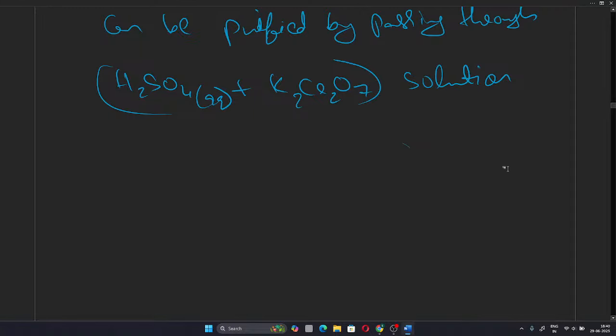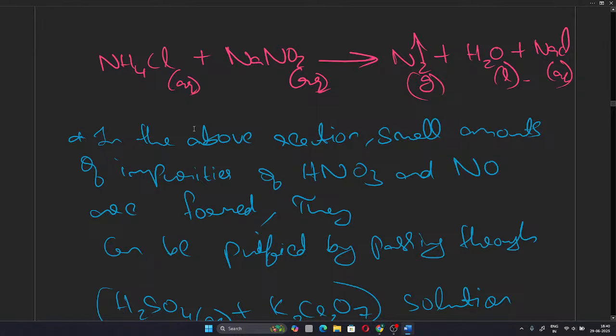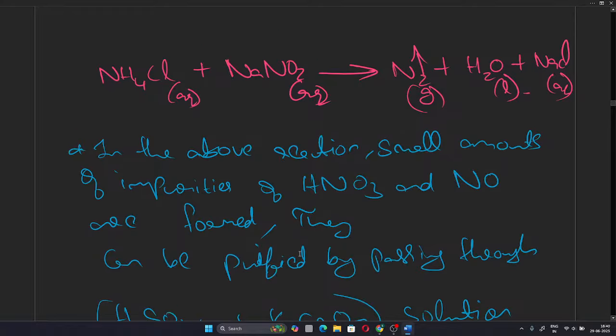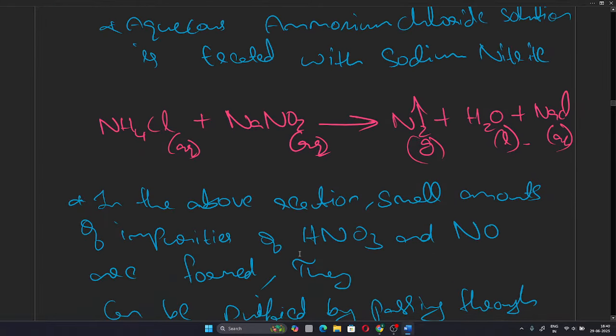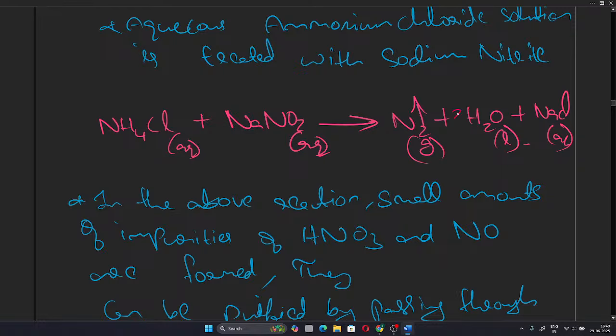The second method of preparation is reacting ammonium chloride with sodium nitrite. In this reaction we will get N2, 2H2O and NaCl.